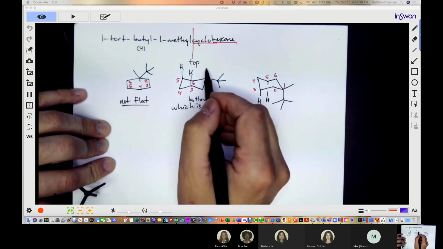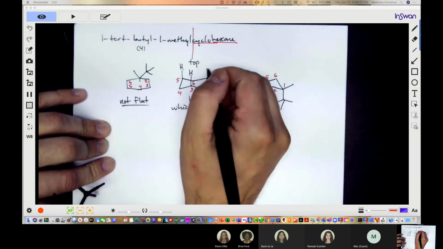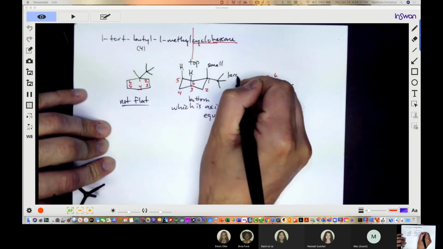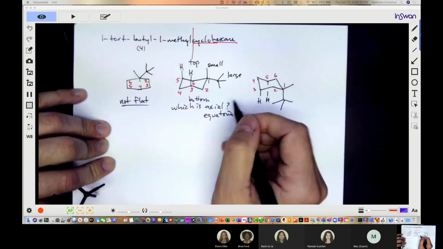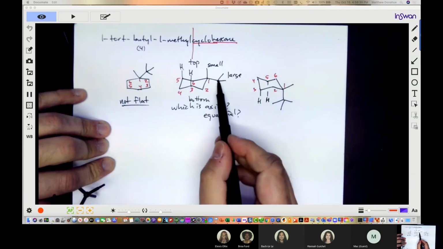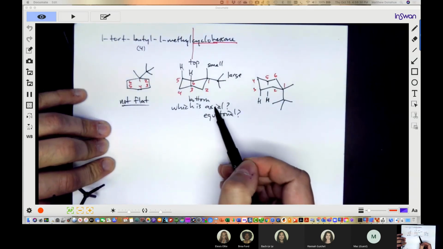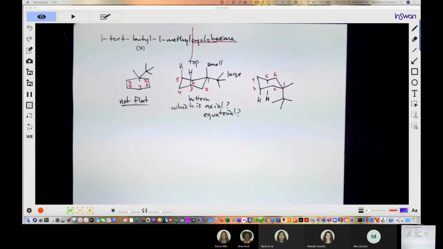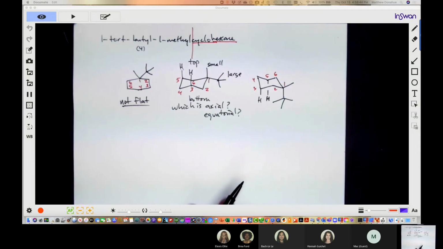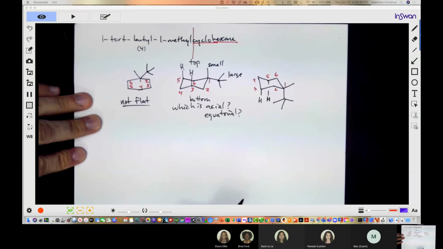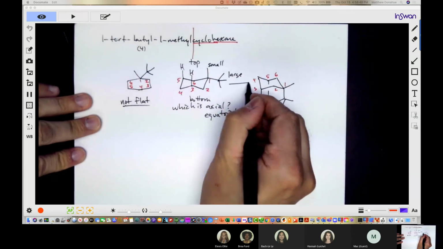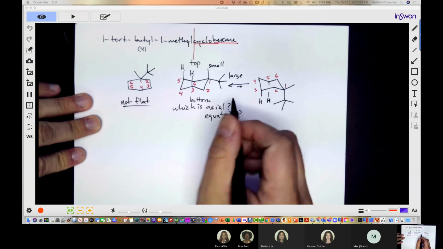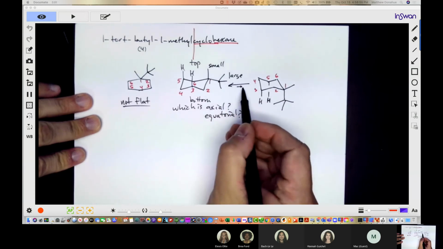So what you're doing is comparing sizes. The methyl group is small. The tert-butyl group is large. The gist of this exercise is you put the large group equatorial, the small group axial. So in terms of both of these, the conformation to the left would be preferred. So we would draw a large arrow this way, small arrow that way.